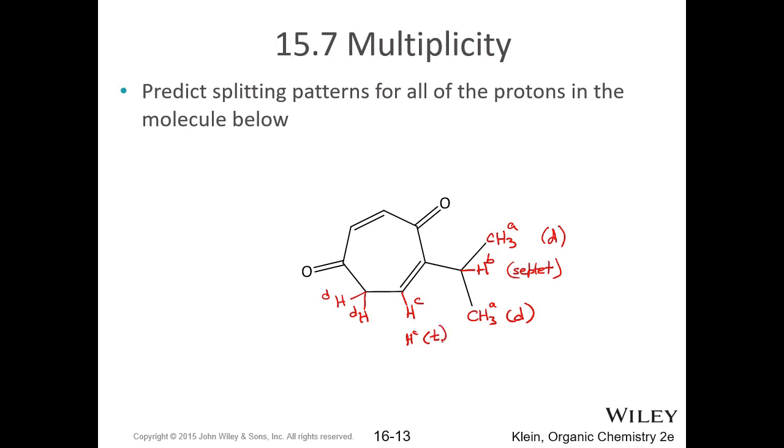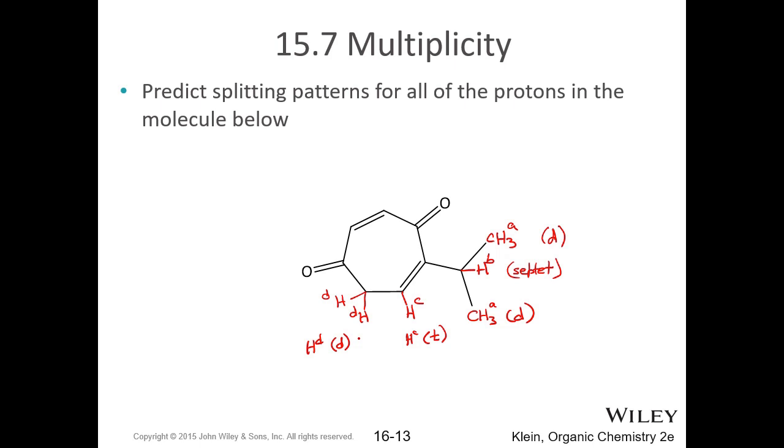It has two neighbors. Those hydrogen Ds are the two neighbors. Hydrogen D, on the other hand, they have one neighbor, so these would be doublets. Because remember, the equivalent ones don't split each other. And so these two do not split each other because they are equivalent. If they were not equivalent, they would split each other as well. And we will see an example of that.